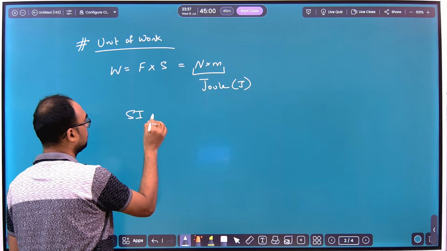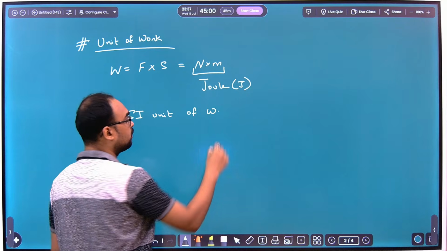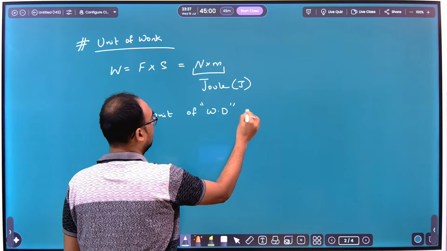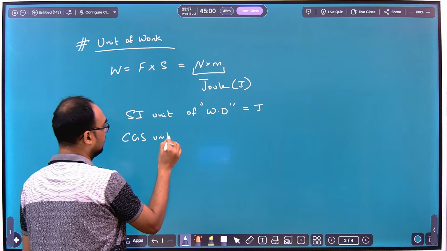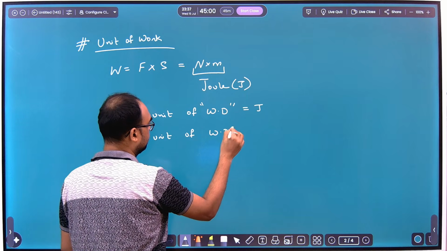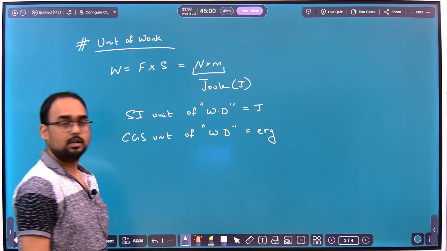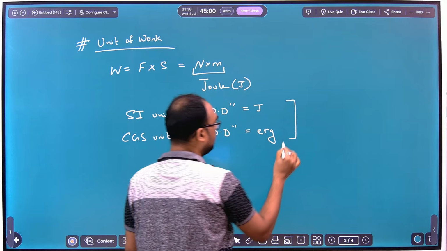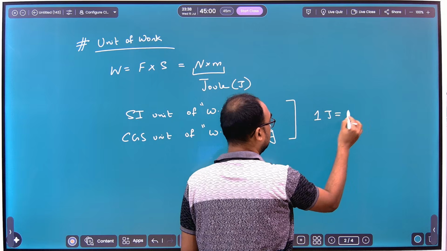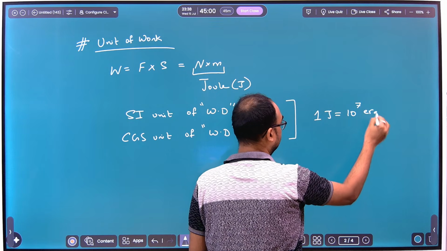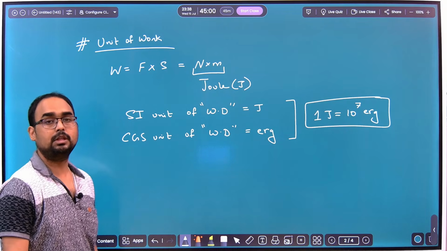So the SI unit of work done, I am writing work done in short form as WD, is joule, and the CGS unit of work done is erg. Now you all should remember the interconversion between joule and erg. 1 joule is equal to 10 to the power 7 erg.